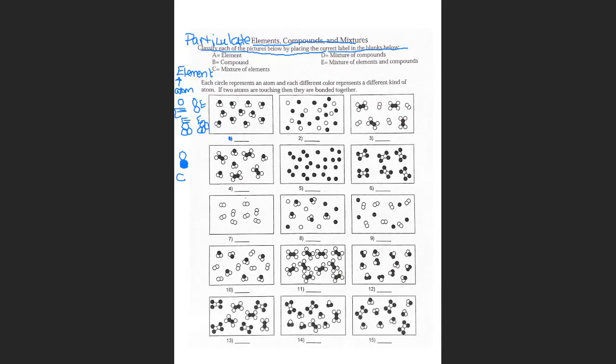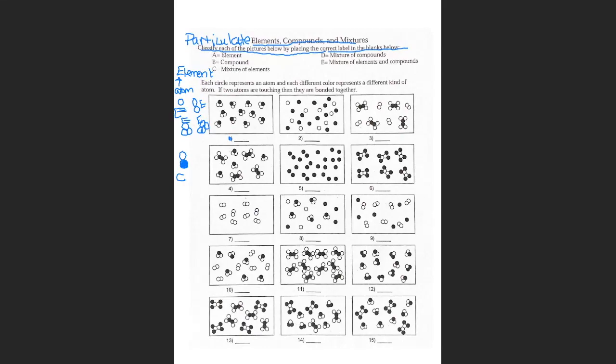Each person can pick. Since there's three of you, if you're going to do one, do every third, like do one, do four, maybe the vertical column.